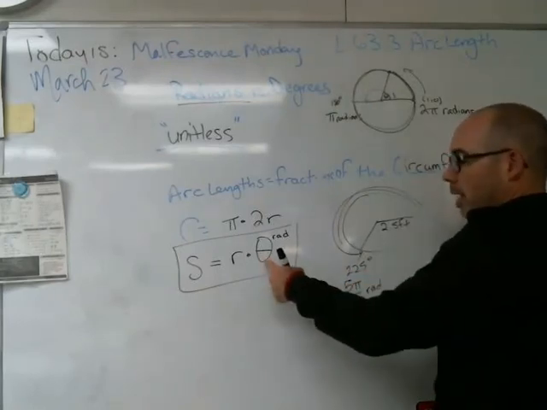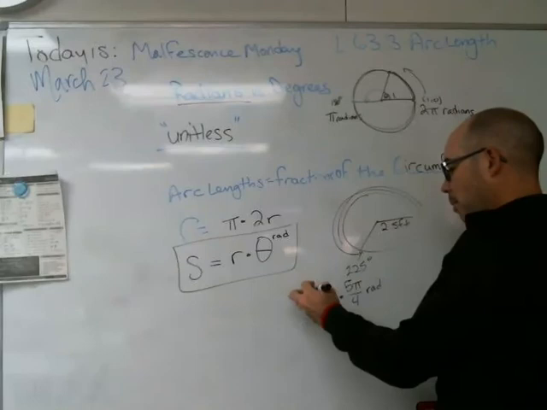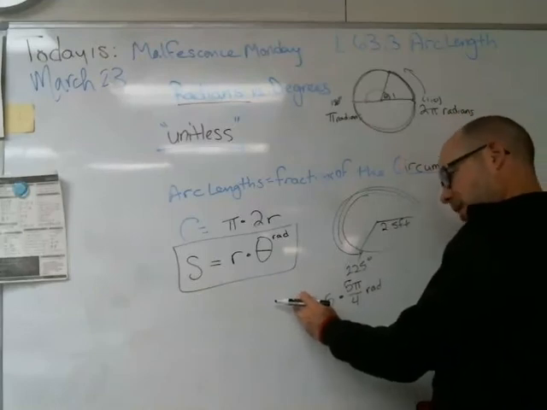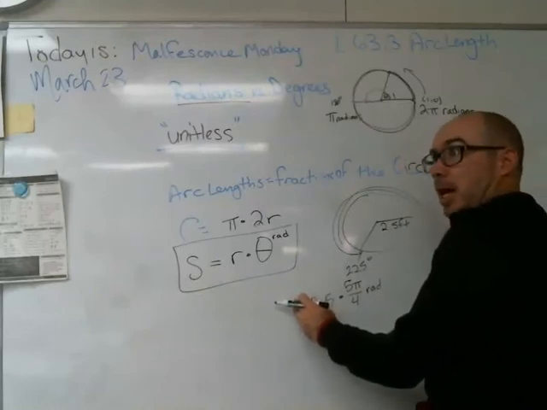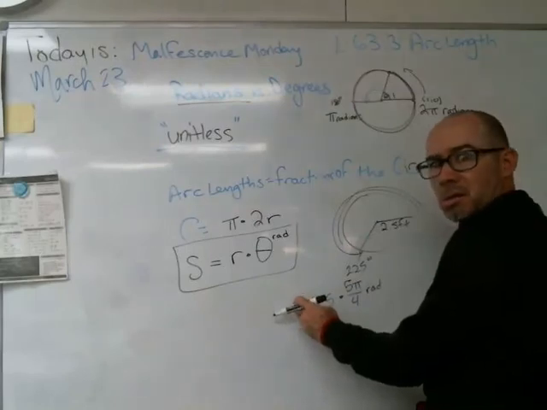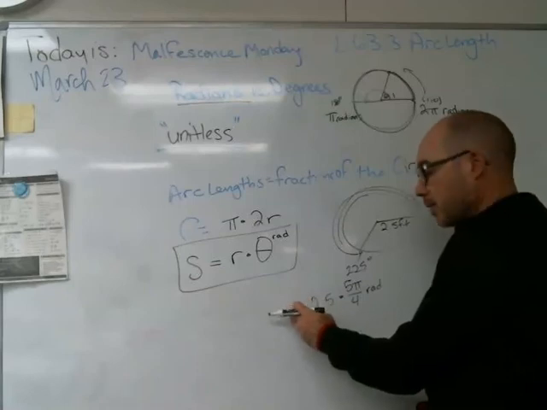Now that we've got the angle in radians, we just multiply that by its radius, 2.5. What's that as a fraction? 2.5 is 5/4. No, that's not right. 5/2. No, 4. Yeah, it's 5/2.